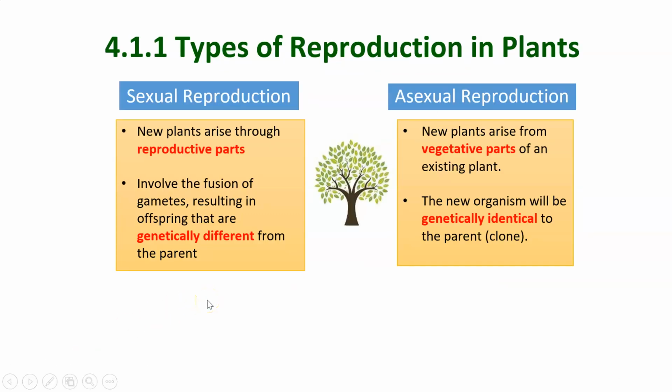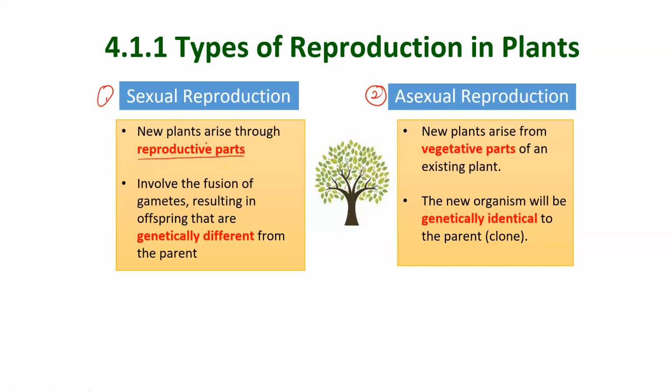For the first subtopic, we are going to look at types of reproduction in plants. Plants have two different types of reproduction: sexual reproduction or asexual reproduction. For sexual reproduction, new plants arise through reproductive parts.